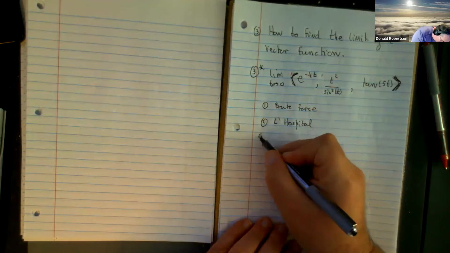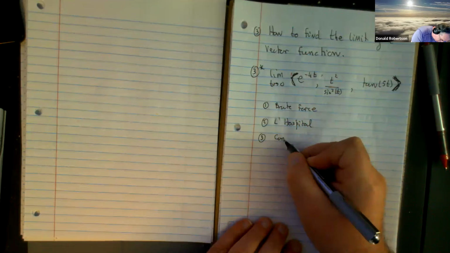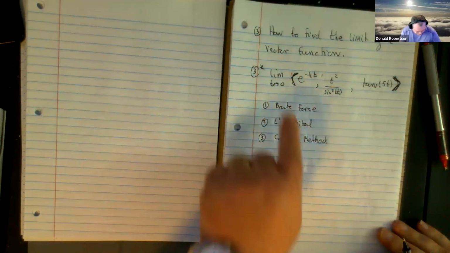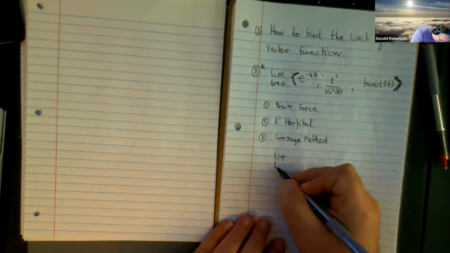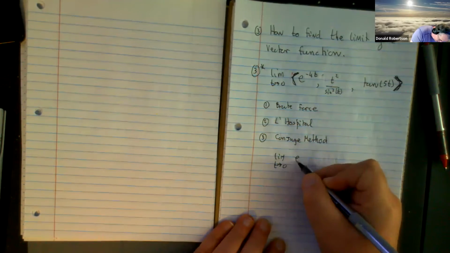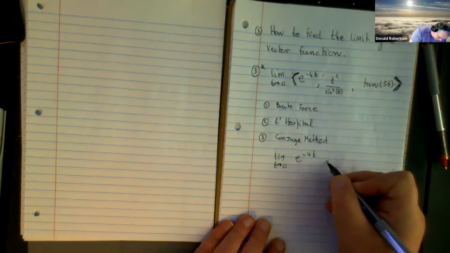And the third one, hopefully you won't need to do it, is called the conjugate method. Now, if you want to find the limit of this, what you do instead is find the limits of each piece separately, and then you get your answer.